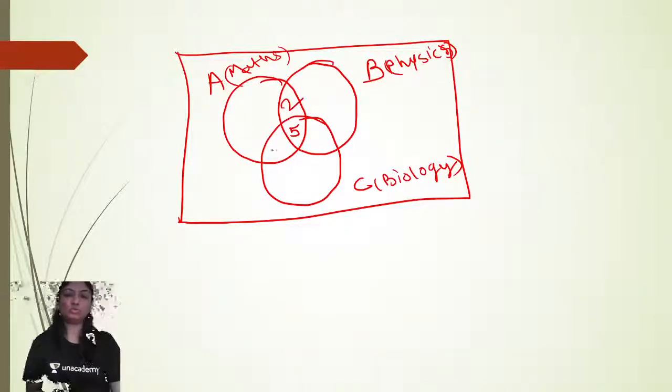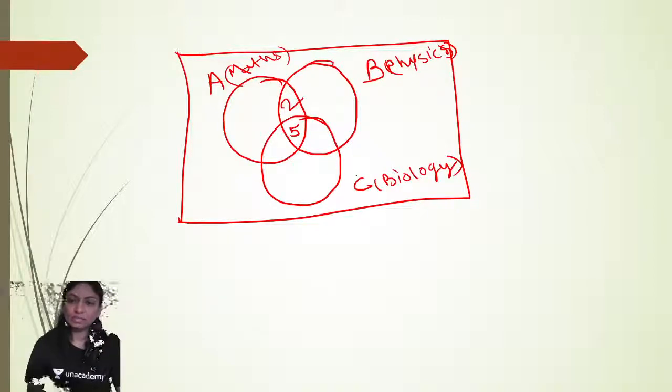Now A intersection C, maths and bio, is 15. So 5 already counted, so 10 remain. Now the number of students who study physics and bio are 10. 5 already counted, so here are 5.